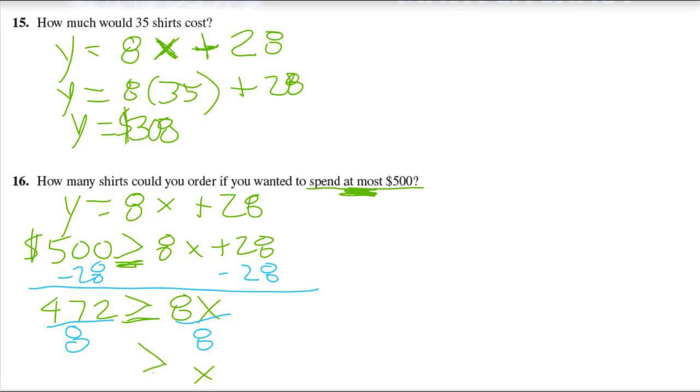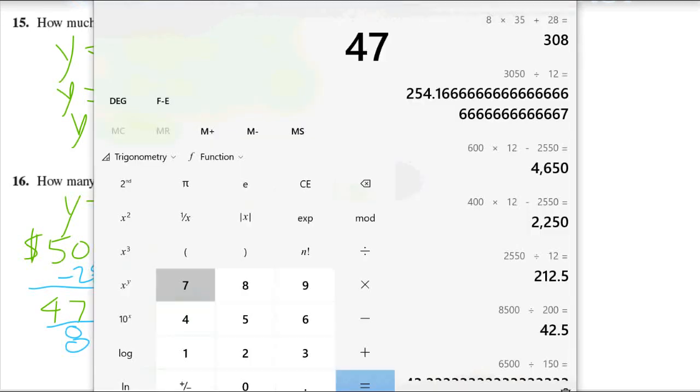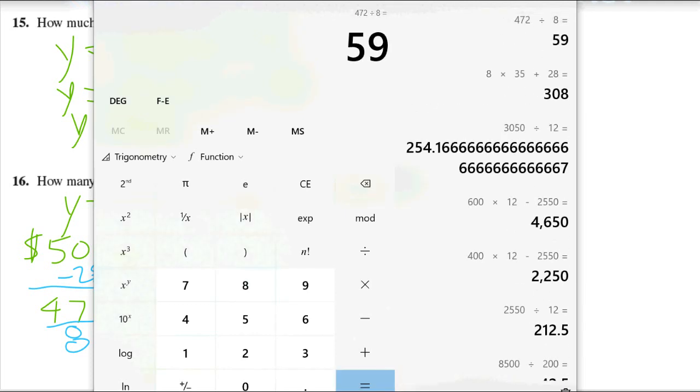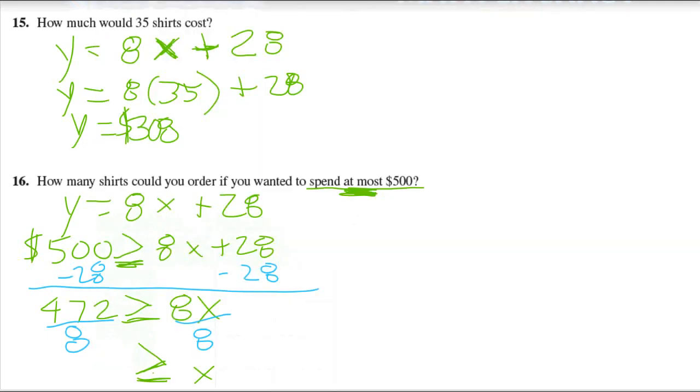We just like to show that. That's all we're doing on the left-hand side. The right-hand side makes sense. The left-hand side makes sense mathematically. So once again, I'm just going to go to the calculator. Nothing wrong with that. We can get 59 shirts.